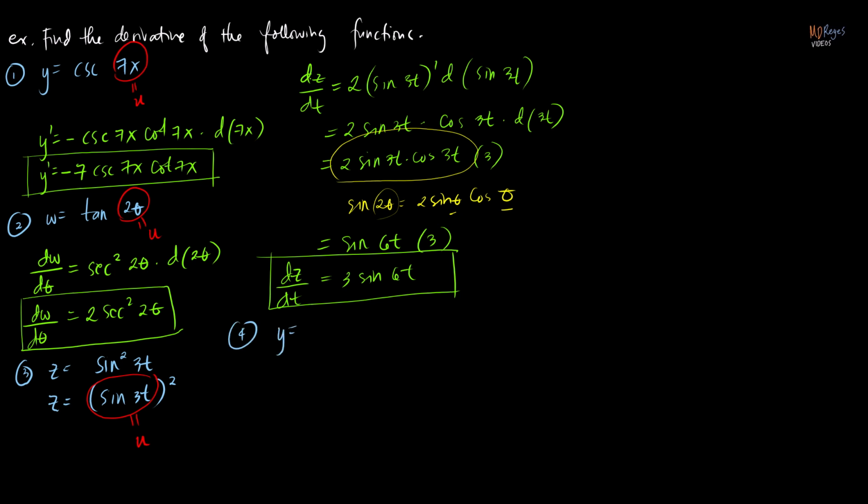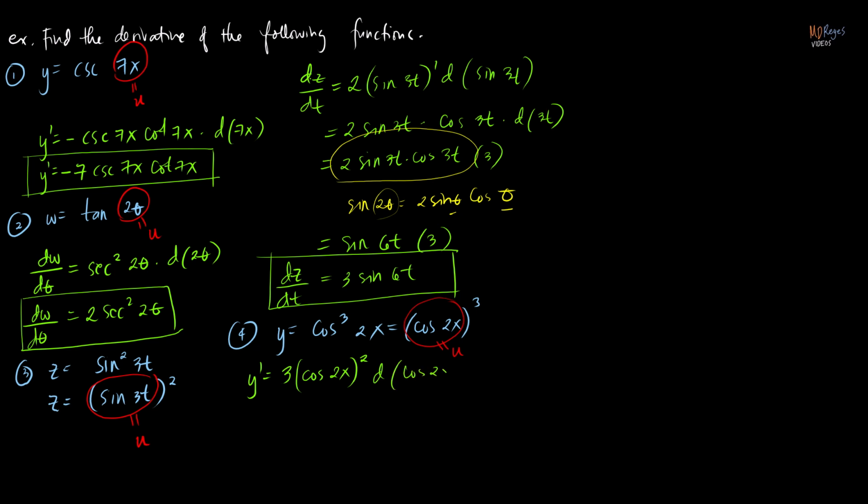Cosine cubed of 2x. So this is a power of cosine. We can write this as cosine of 2x raised to 3. So when we differentiate, we'll use the general power rule and let u be equal to the base, cosine 2x. So y prime, using the general power rule, is 3 times cosine 2x, subtracting 1 from the exponent, we'll get 2, times the derivative of the base.